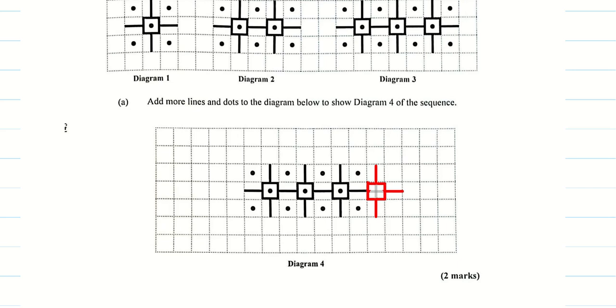They're supposed to be actually here. Then you would add your dots. Let's put this in the red. There, there, and there. Right, and that is how the fourth diagram would look.